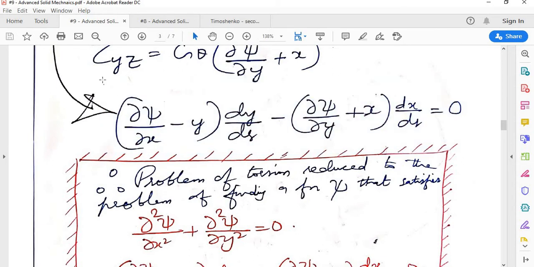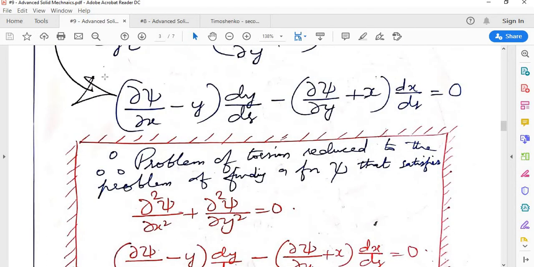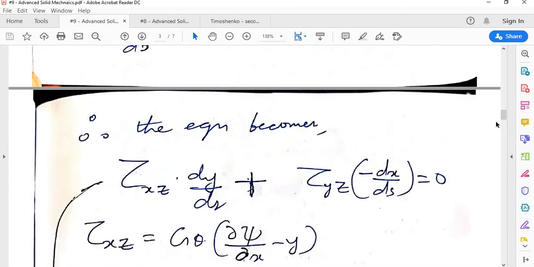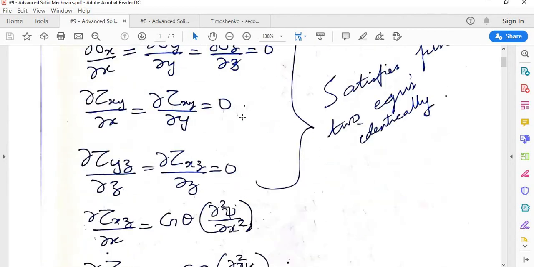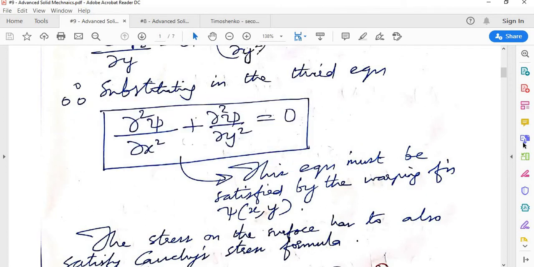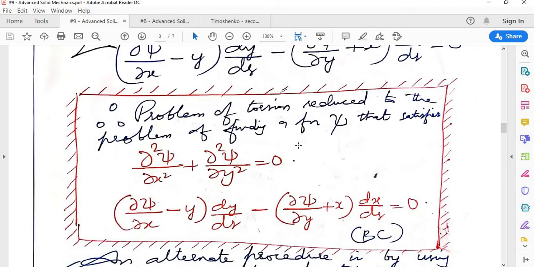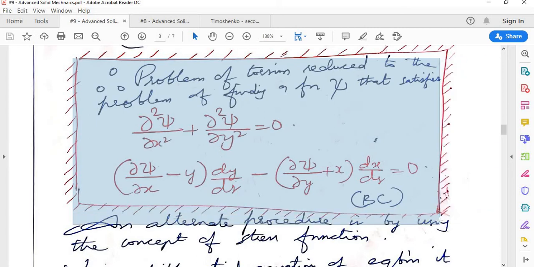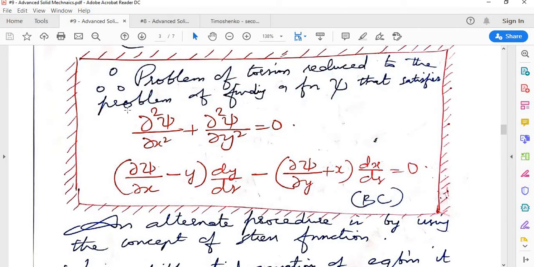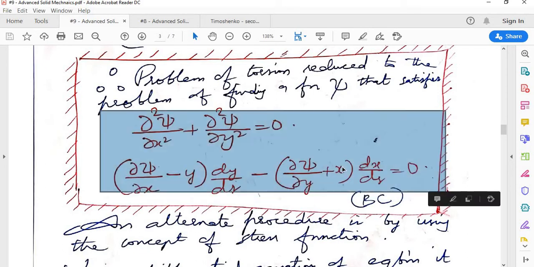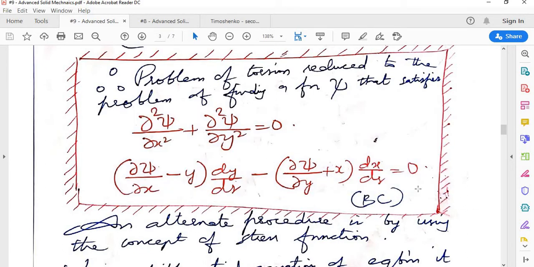So again, this is one more equation in which the variable is the warping function. This equation combined with our first expression are the two expressions using which you will solve for the warping function. Two equations, variable is only one, but since it is a function of two coordinates, you need two equations.